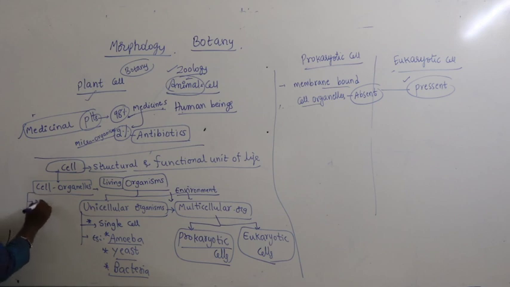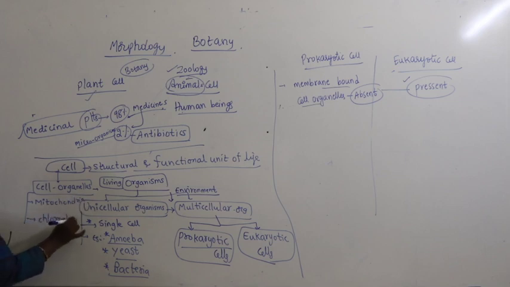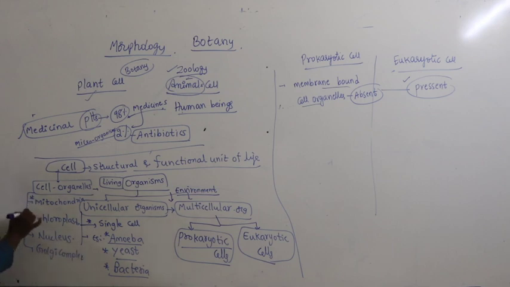You know the cell organelles like mitochondria, chloroplast, nucleus, Golgi complex. These are what we call cell organelles.